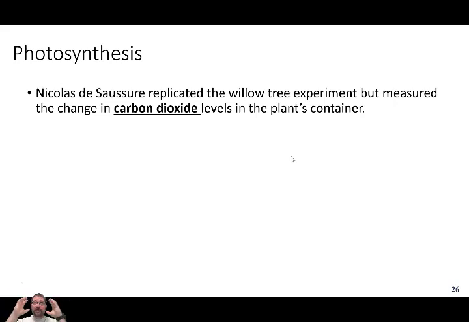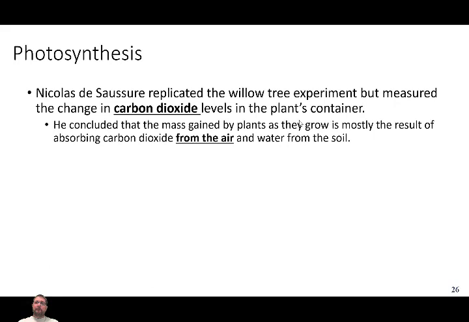Now we can re-examine the willow experiment, and we can start examining what that mass being added is. And so Saussure replicated that willow tree experiment, and he measured the changes in carbon dioxide level in the plant's container.